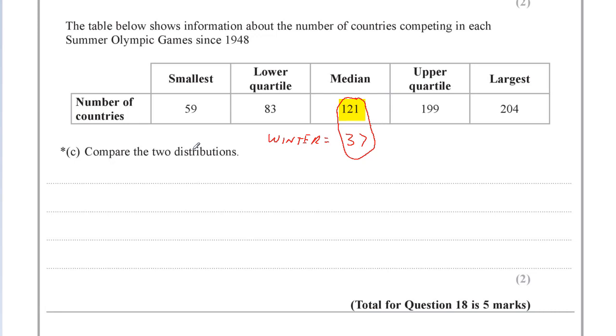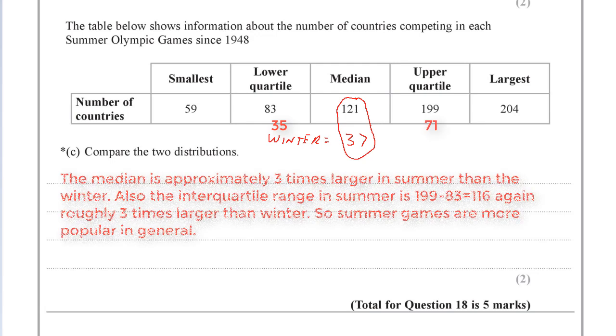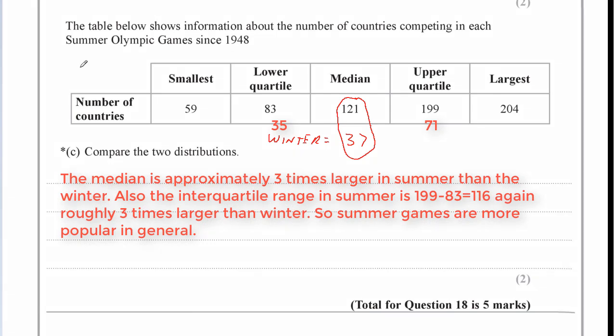And the first median was, what we said was 37, wasn't it? So it's clearly the median of the Summer Olympics is 3 times that of the Winter Olympics, approximately. And then we can look at lower quartile and upper quartile and see that, again, it's much greater in the Summer Olympics than the Winter one. Just put that information down in a couple of sentences. Something like this. Okay, done.